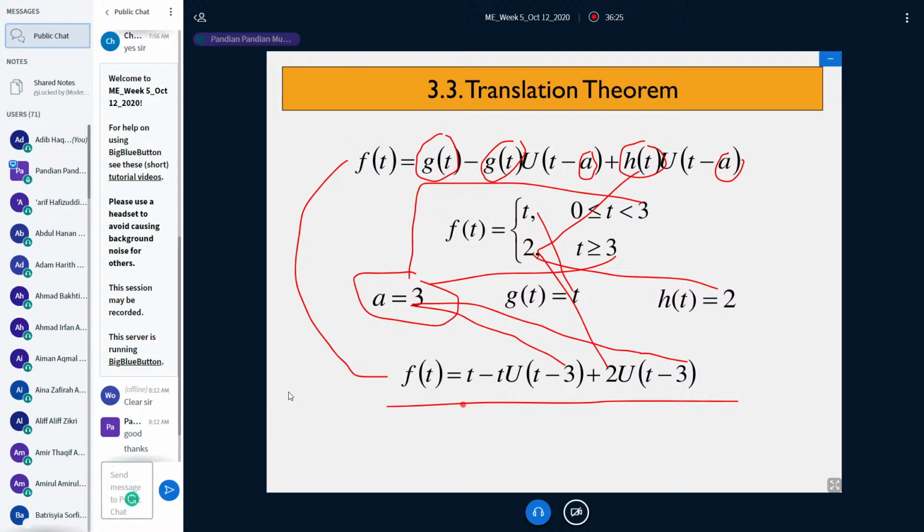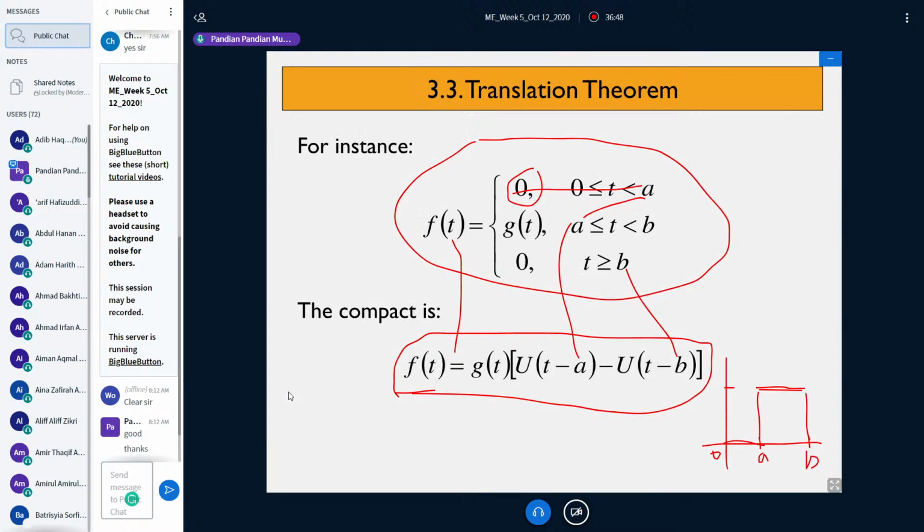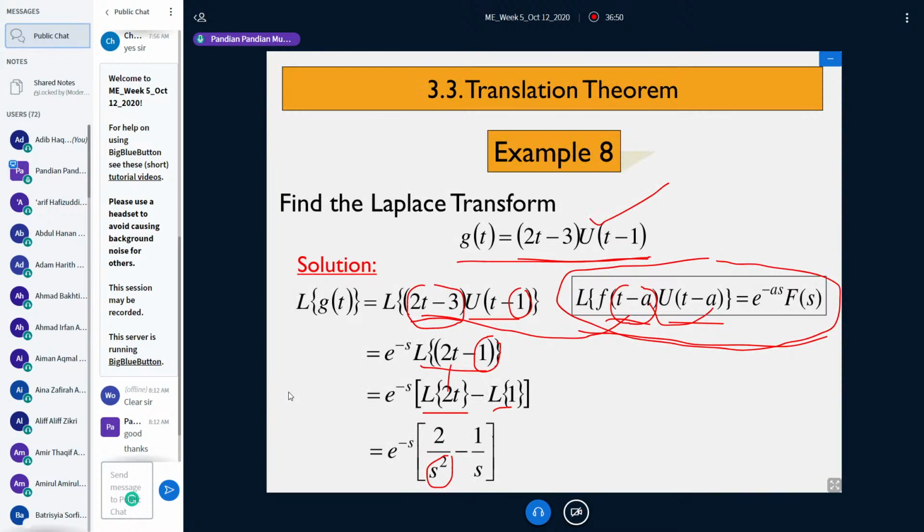Laplace of t u(t minus 3) plus Laplace of 2 u(t minus 3). This one you must be careful, because we must use the formula. So the formula, you have to go back to the previous slides.